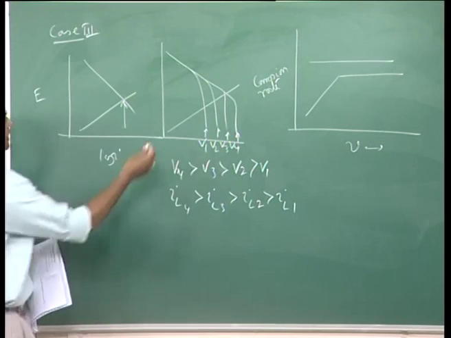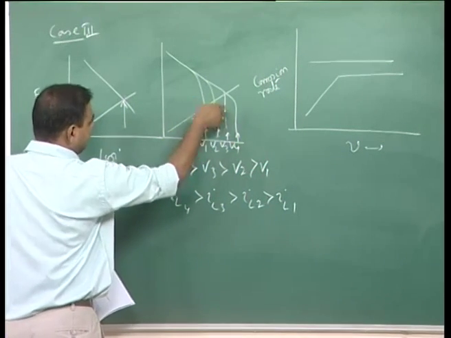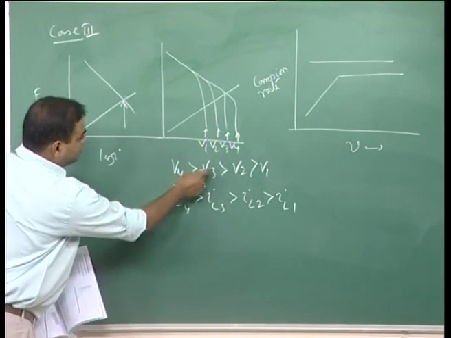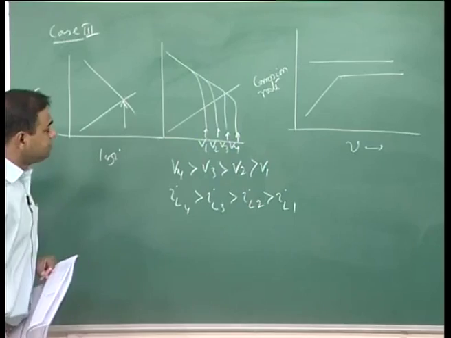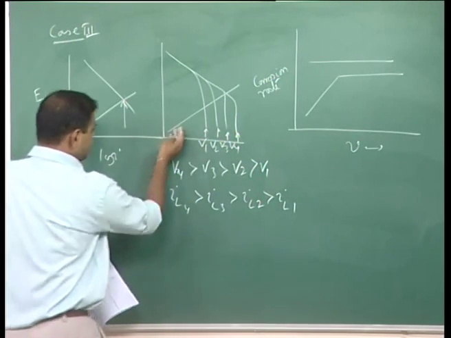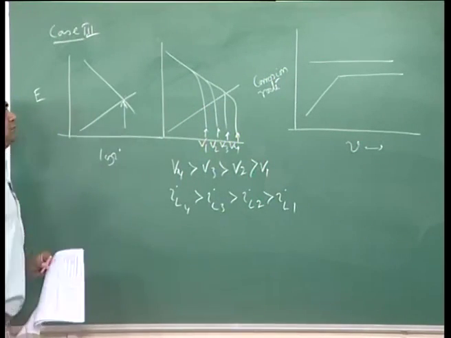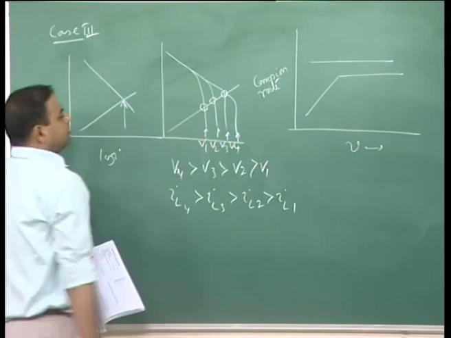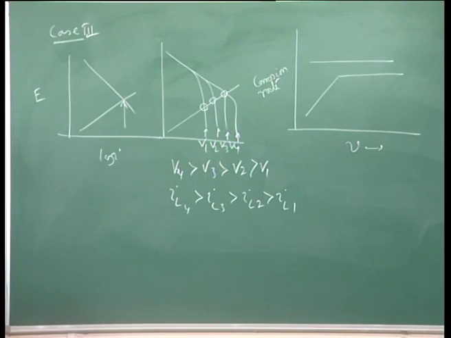Now, if you see, up to level 3, that means if you increase the velocity up to the third velocity region, you see that gradually the corrosion rate is increasing, because the corrosion rate is nothing but the point where cathodic as well as anodic polarization lines are cutting.